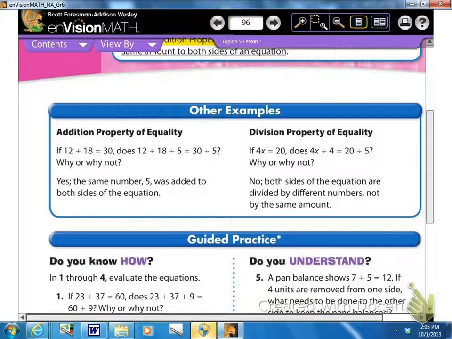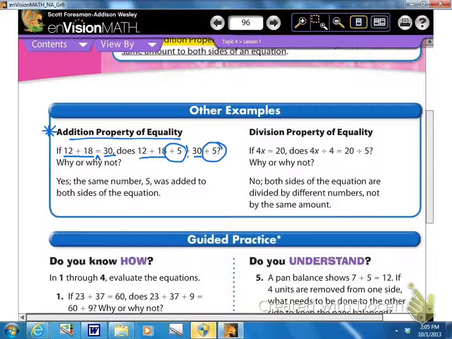All right, let's look at the other examples of this addition property of equality. We've got our equation with the expression 12 plus 18 equals 30. So we know this is true. On this side now we've added plus 5, and on this side we've added plus 5.